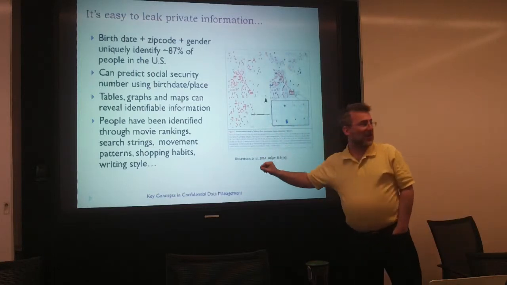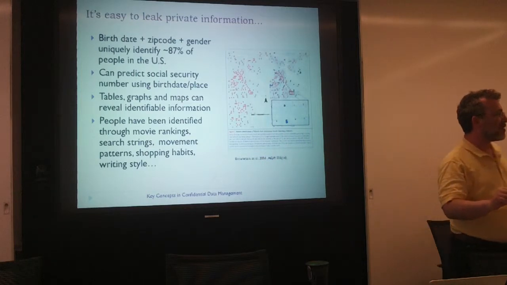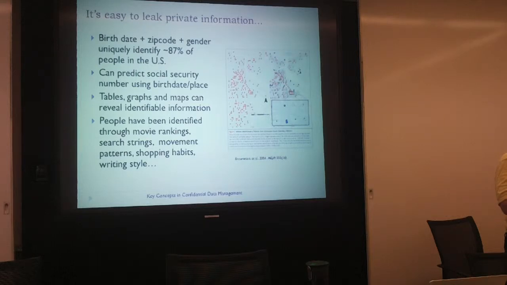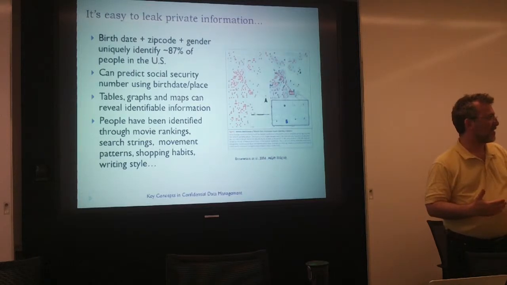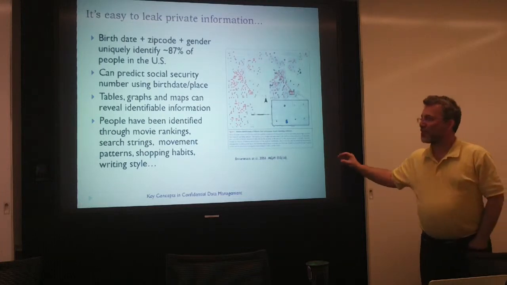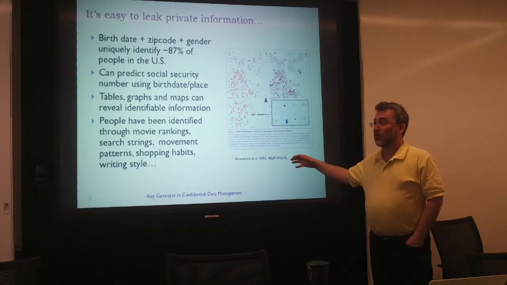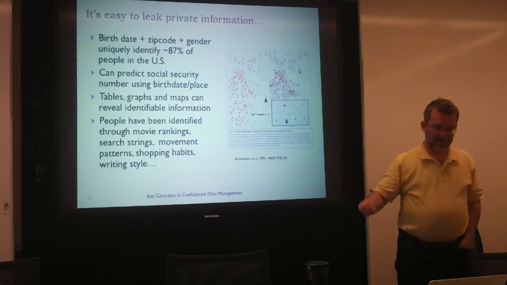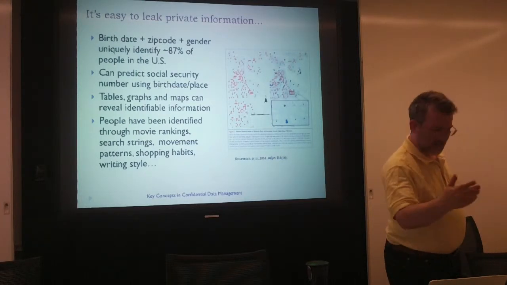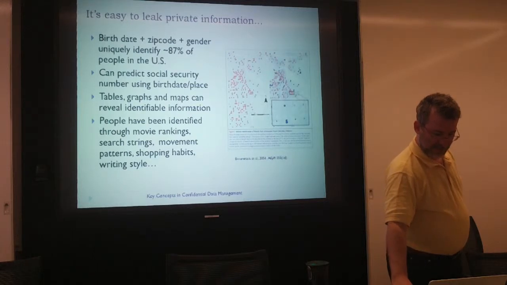The dots were close enough to indications where there were probably only 1 or 2 people who were candidates for that disease. So although no person was actually linked, the potential for linking tens of thousands of people in the medical literature was there. And people have been identified through movie rankings, search strings, movement patterns, shopping habits, writing style, all sorts of stuff.